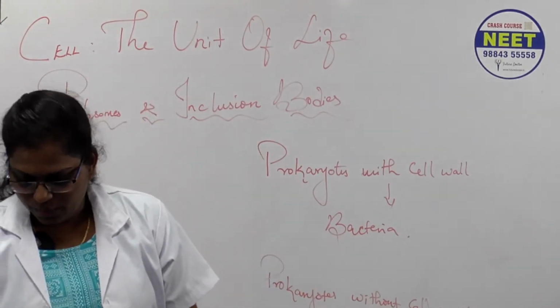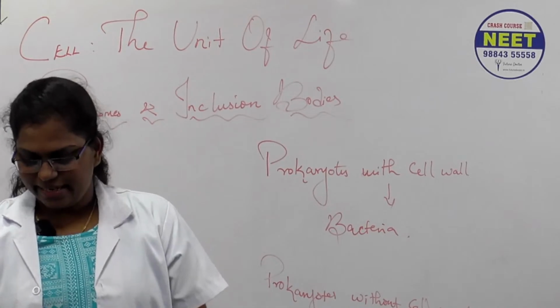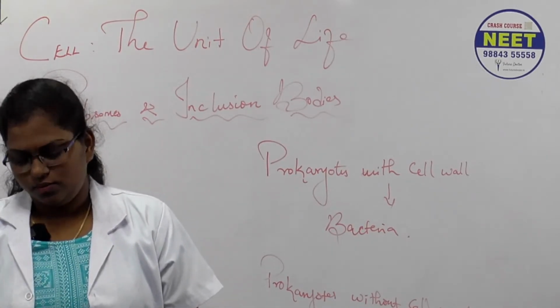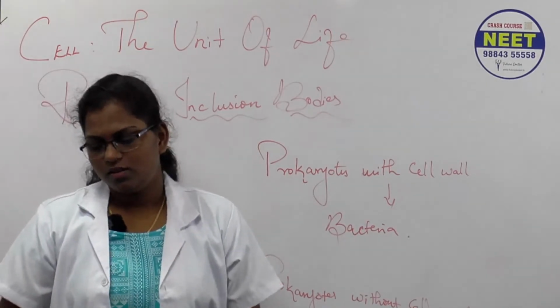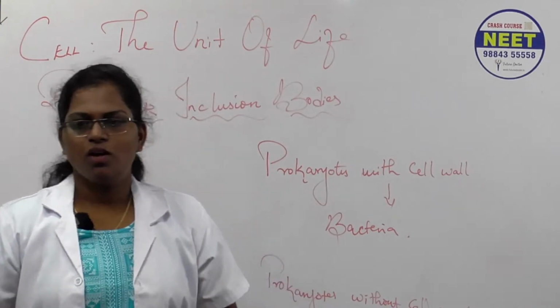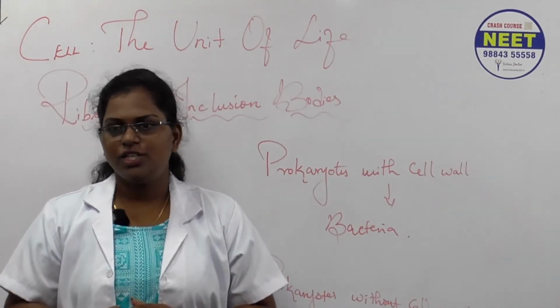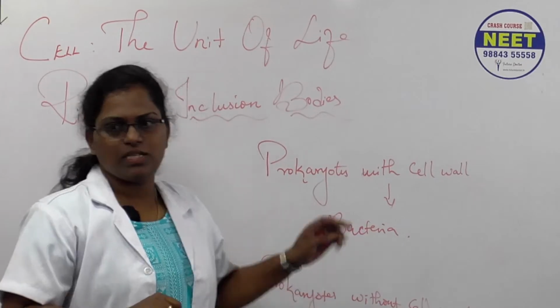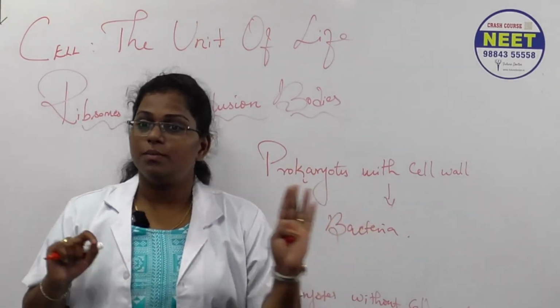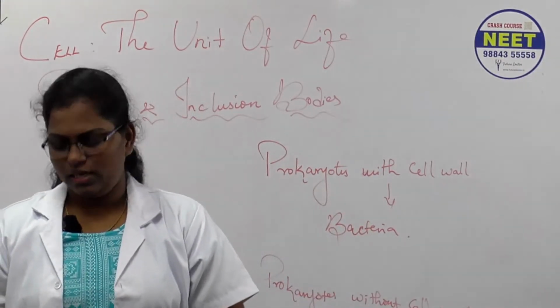And what will be the bacterial structure? What are the two DNAs? Small circular DNA and genomic DNA. Plasmids are present in the prokaryotes, whereas plasmids are not present in the eukaryotic cells.